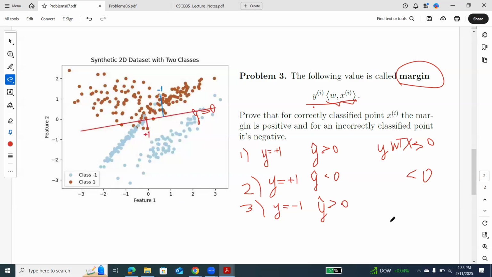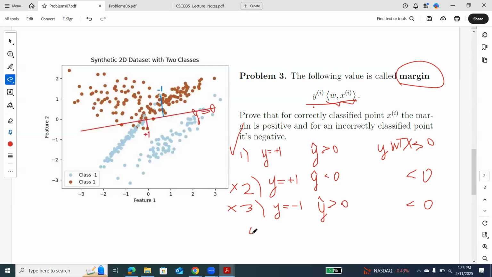The true label is negative, but the distance Wx equals some positive number, and the product will be negative. And by the way, these are incorrect classifications. And this was correct classification.